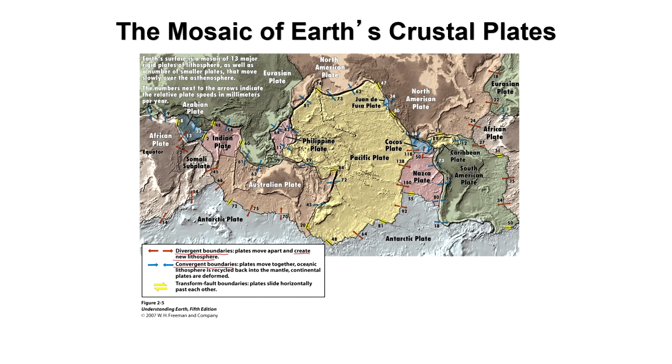Oceanic lithosphere is recycled because it goes back down into the mantle. Continental plates are deformed. Okay. So the deformation is taking place, and we also discussed that these are known as destructive plate boundaries. You see those over here in this area, and also the example we discussed about the Nazca plate and the South American plate.